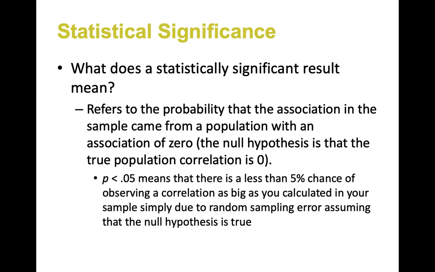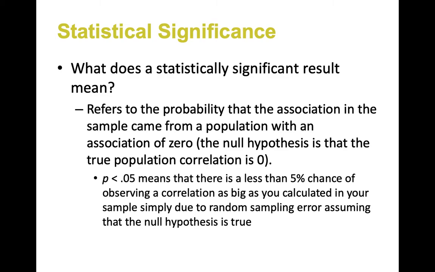Okay, and we're saying that if the probability, or P, is less than 5%, what we're saying is that there's a less than 5% chance of observing a correlation as big as we calculated in our sample simply due to random sampling error, assuming that the null hypothesis is true.